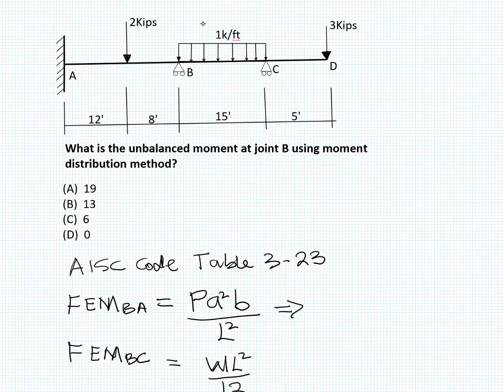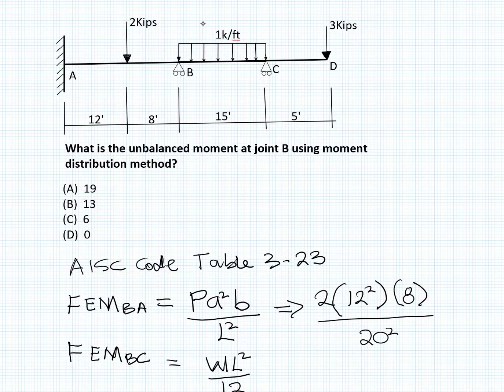P in our formula here is 2 kips, and a is 12 feet, from the fixed support at A to the point of load, and that 12 is squared. Then b is 8 feet, from the point of load to the far end support, which is point B. That is divided by the length, which is 20 feet, squared also.